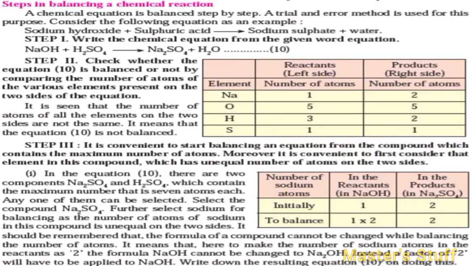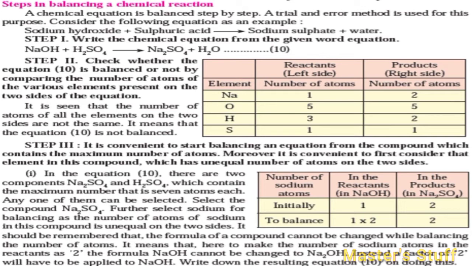Steps in balancing a chemical reaction. A chemical reaction or equation is balanced step by step. A trial and error method is used for this purpose. Consider the following example. Sodium hydroxide plus sulfuric acid gives sodium sulfate plus water.